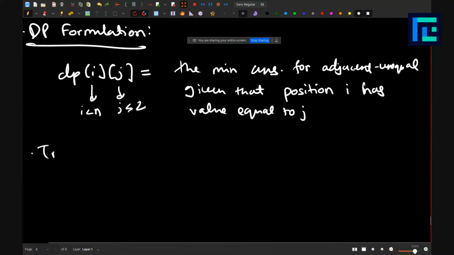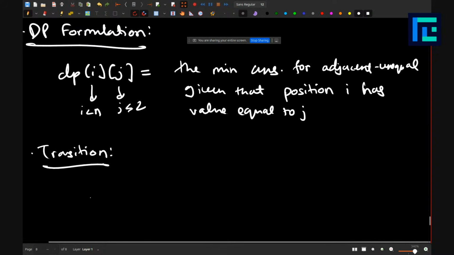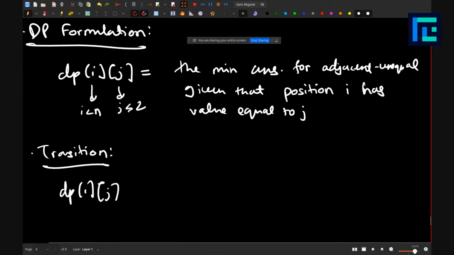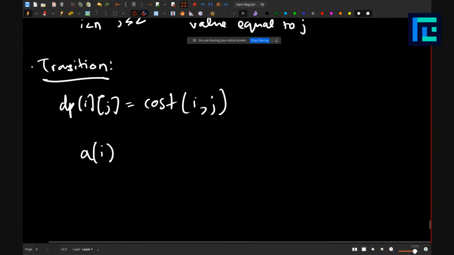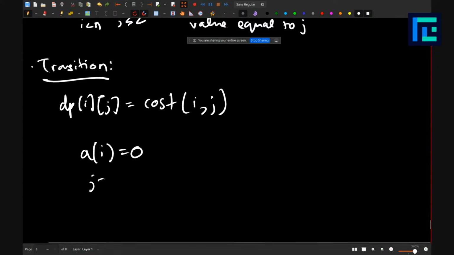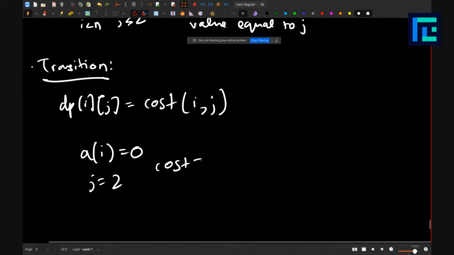And what will be our transition for this dp? Basically it will be the cost to make position i equal to j. So how many times do we need to add to make it equal to j? For example, if position i was originally 0 and now j is equal to 2, then the cost will be 2.